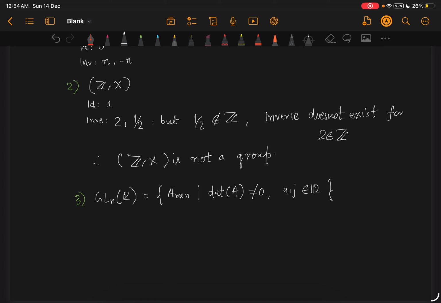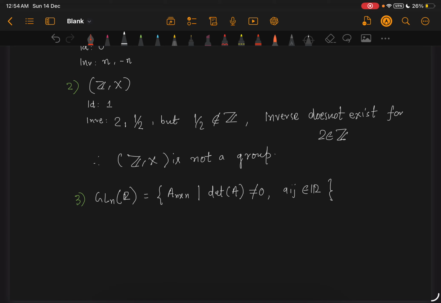So of course, we have defined this set of matrices so that they are invertible, and with respect to multiplication, they form a group.